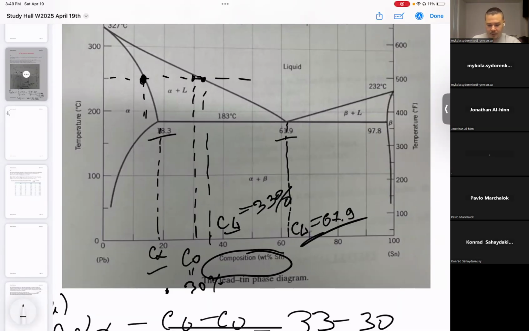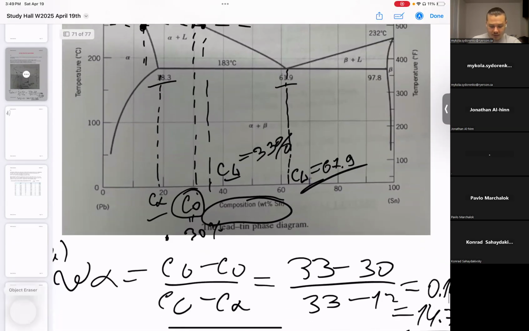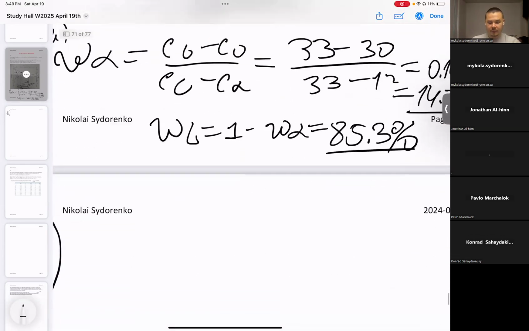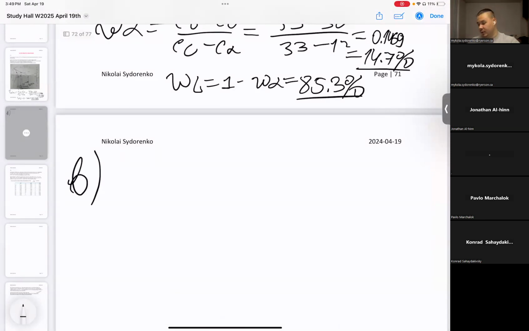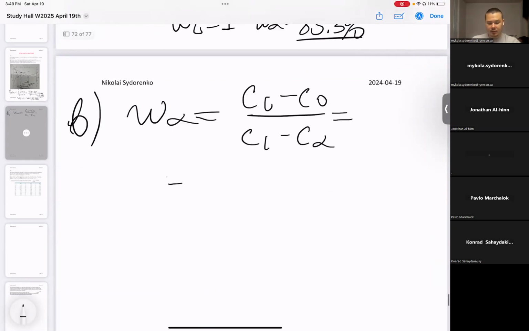We're given the initial composition of 30%. So if we are slightly above the eutectic line, we need to find the composition of our components. The weight fraction of alpha phase is the same equation as we used before: C liquid minus C naught, over C liquid minus C alpha. In this case, our numbers do change.